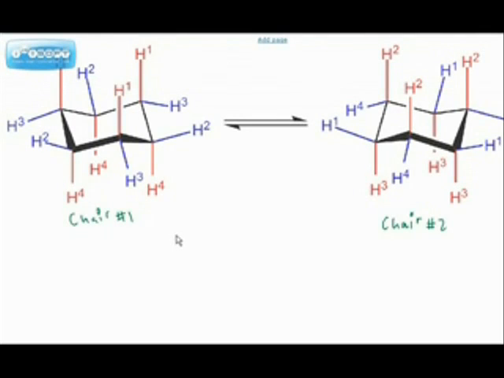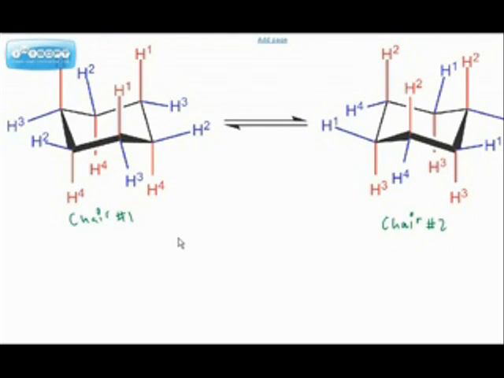Molecules are always moving about and are in perpetual motion, and since, as we've seen before, every carbon on a cyclohexane molecule is bonded to 2 other carbons, it can't freely rotate, like I said before, but it can move in ways that we call ring flipping.